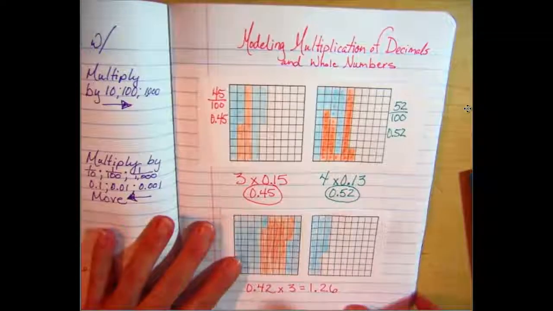So flip over to another page. If I'm doing a problem like 56 hundredths times 8, do you want to color in 56 boxes 8 times? No, neither do I. So I'm going to show you the standard algorithm for this as well.